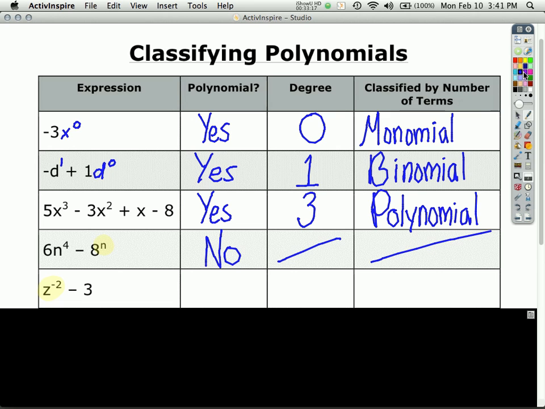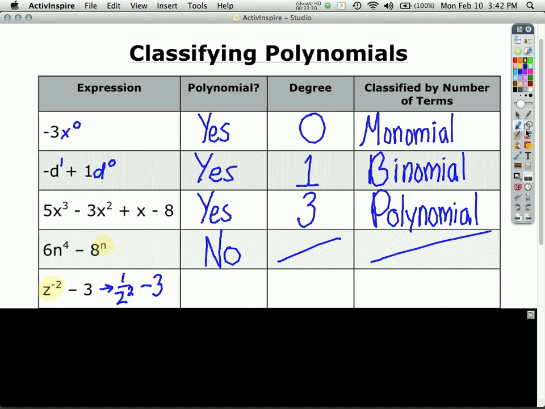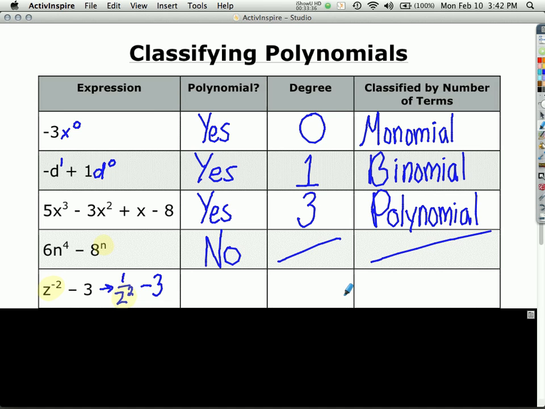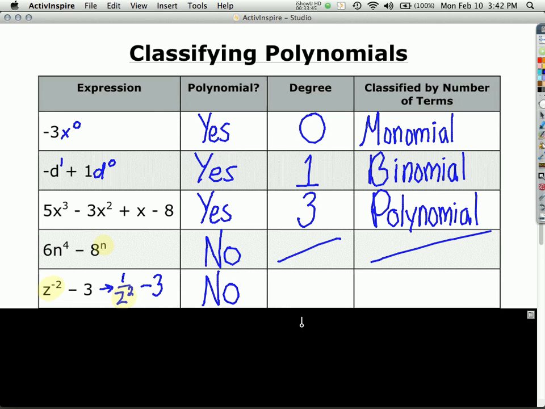So that is really 1 over z to the second, minus 3, and a polynomial may not have a variable in a denominator. Again, you don't have to remember this year, but I am exposing you to it so you're getting a sense of some of the rules. So no, this is not a polynomial because you're not allowed to have a variable in a denominator. And then we don't give it a degree, we don't give it a name.